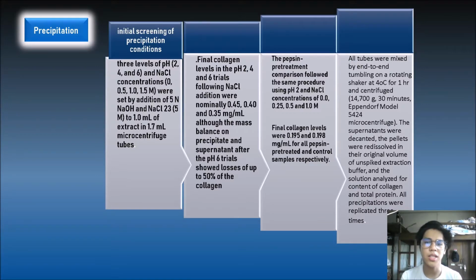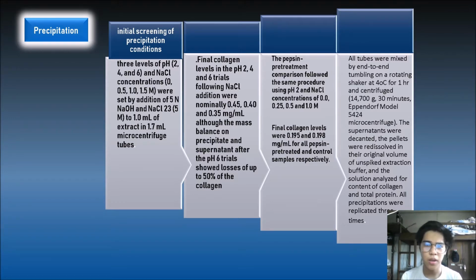The final collagen levels were 0.195 and 0.198 milligram per ml for the pepsin treated and control samples respectively. All tubes were mixed by end-to-end tumbling on a rotating shaker at 4 degrees Celsius for 1 hour and centrifuged for 30 minutes.